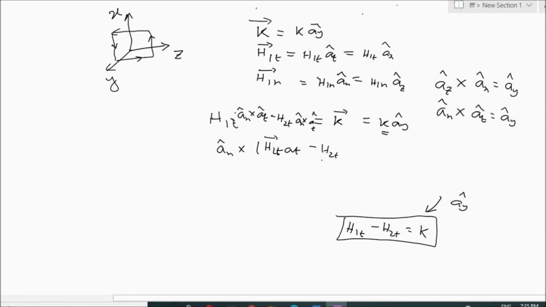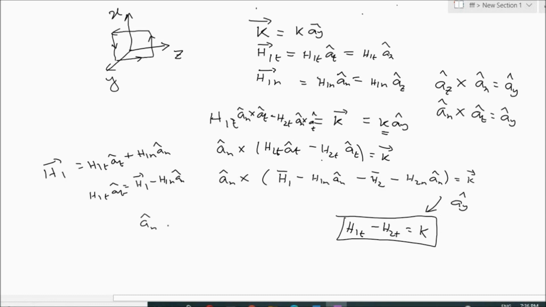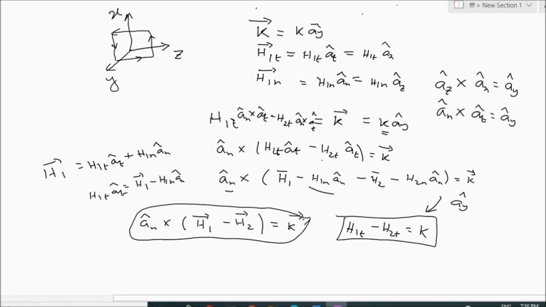Therefore, I can take an as a common factor: an cross (H1T at minus H2T at) equal to K, minus the H1N term. The H1N n cross an is 0, so this term goes to 0. So you have H1 minus H2 equal to K. So this is the boundary condition.